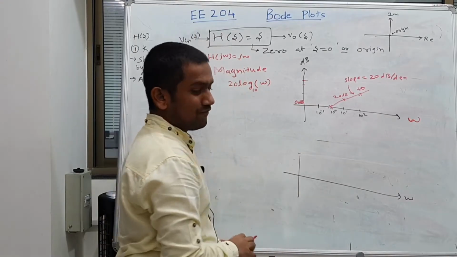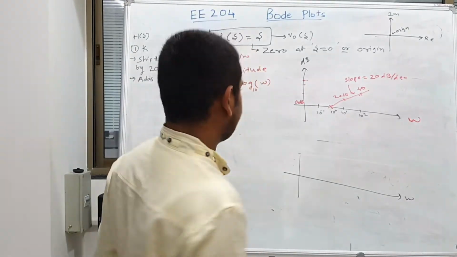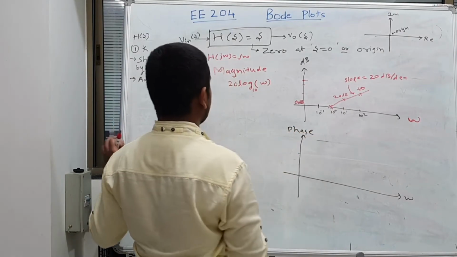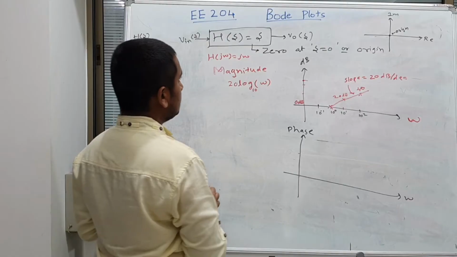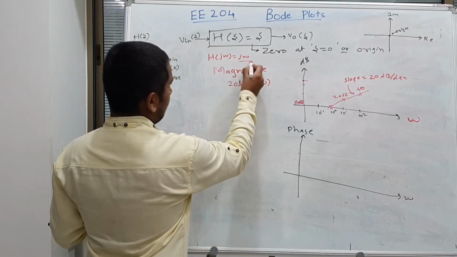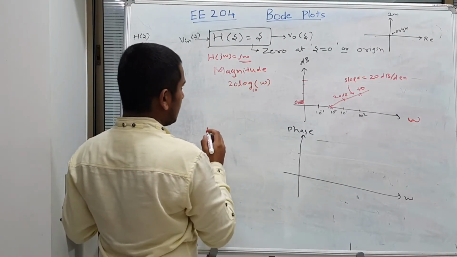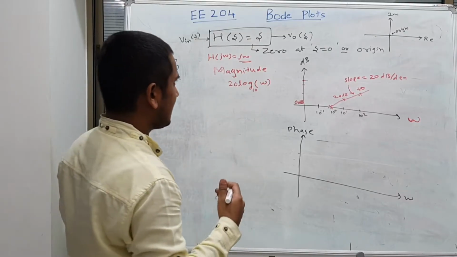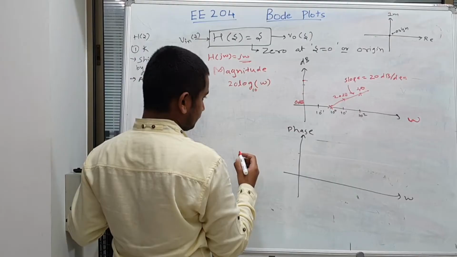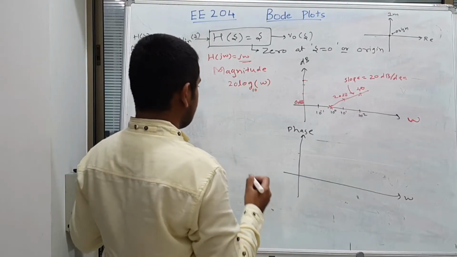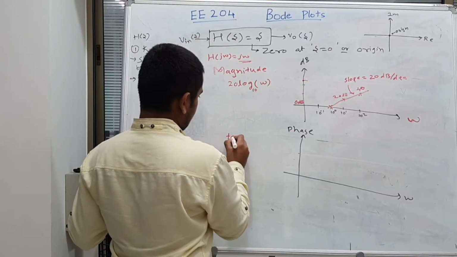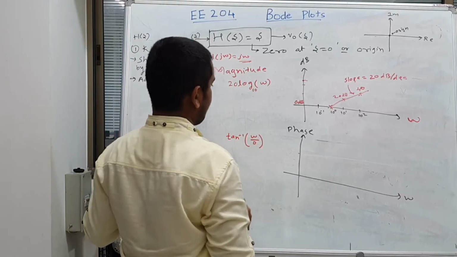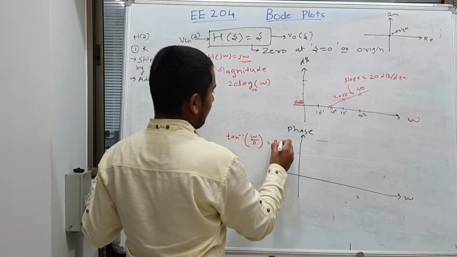Now let's look at the phase plot. For h of j omega being j omega, the tan inverse of imaginary by real, that is omega by 0, will give us the value 90 degrees.